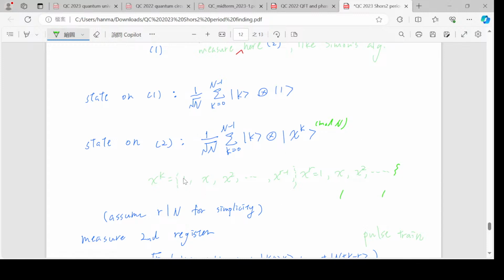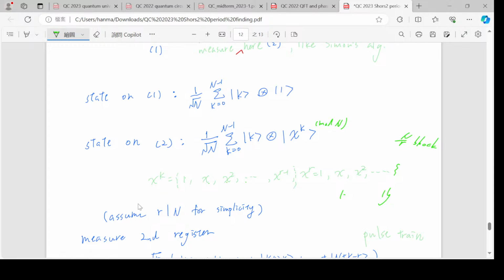If n is a multiple of r, then you have a very nice structure where every one of those different x values appears the same number of times. So you have a total of n divided by r blocks, and each block has r different elements.